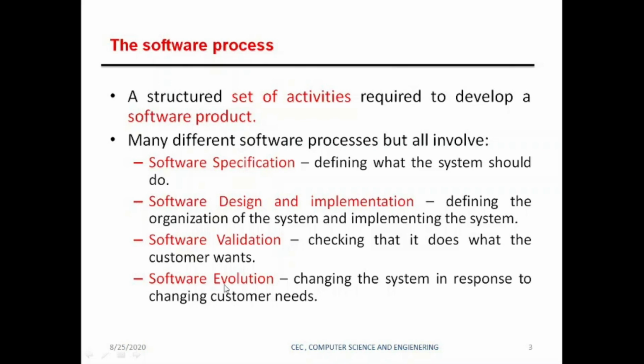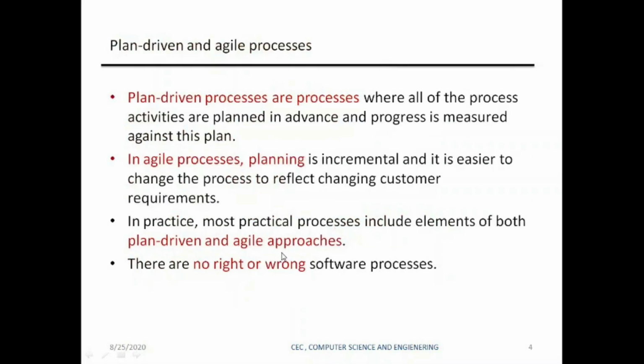That is what the software evolution team does. So these are the four fundamental activities in the software process: software specification, design and implementation, validation, and evolution.